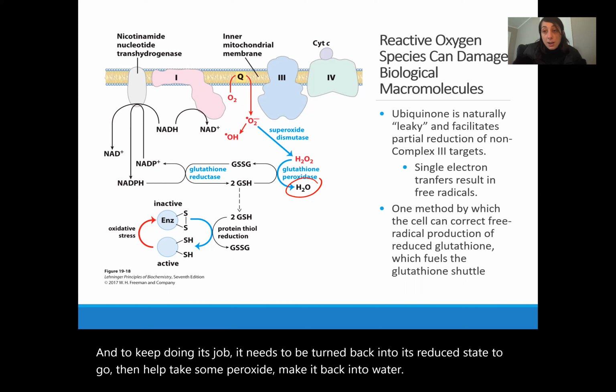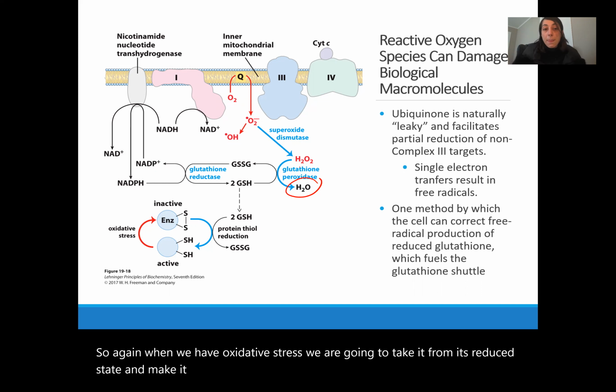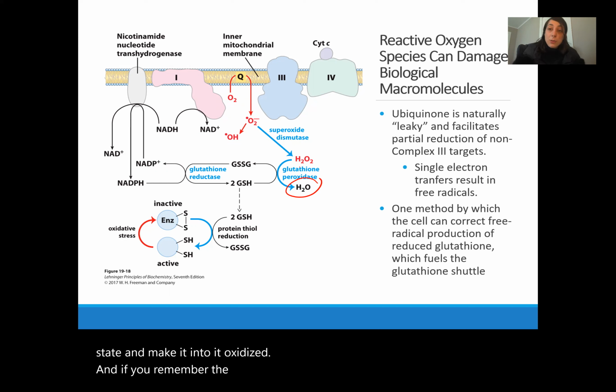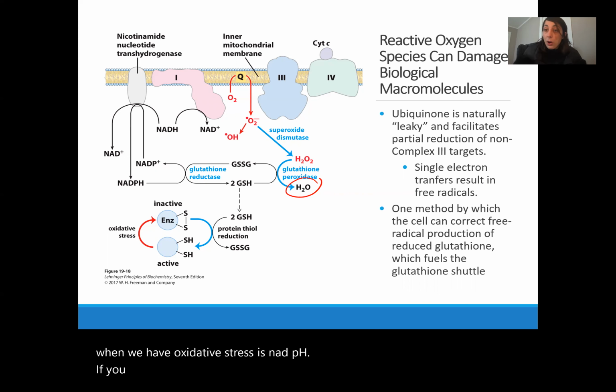So again, when we have oxidative stress, we are going to take it from its reduced state and make it into its oxidized state. And if you remember, the one molecule which is used to help in this process when we have oxidative stress is NADPH, which if you recall is a product of the PPP, the pentose phosphate pathway.